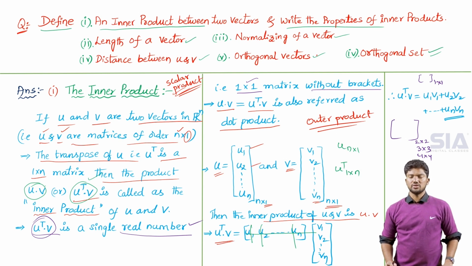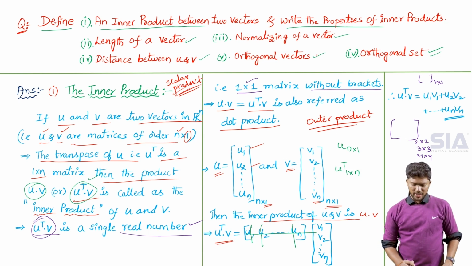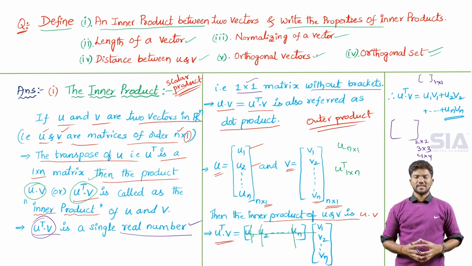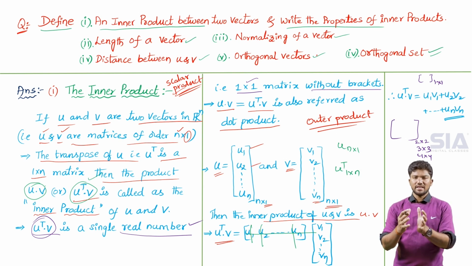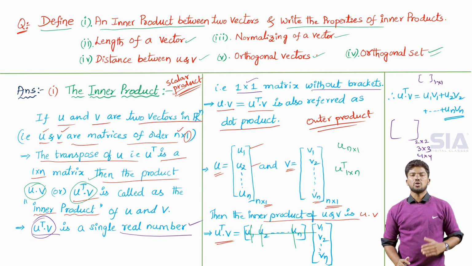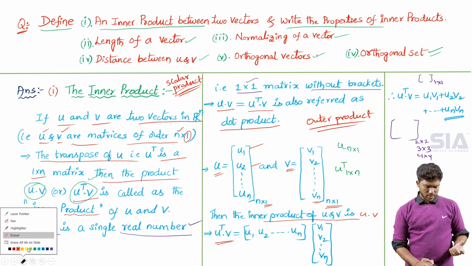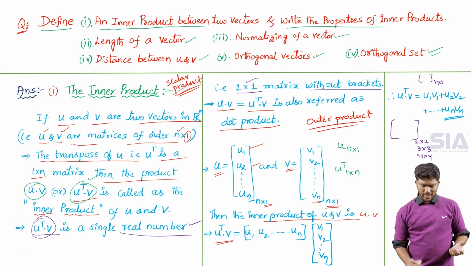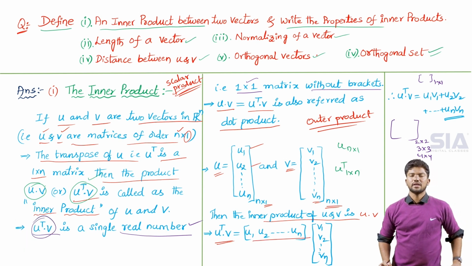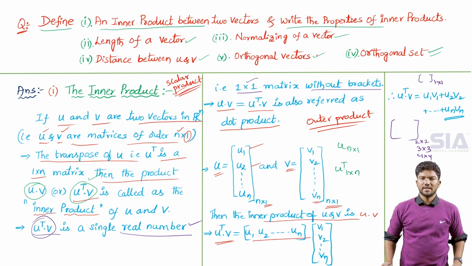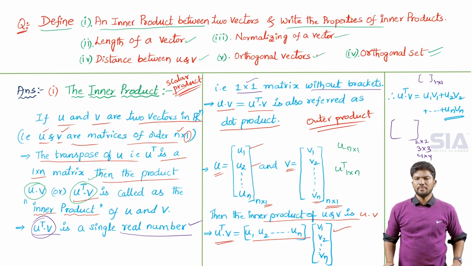U transpose into V. Since we apply the transpose to U, the column matrix becomes a row matrix. Capital U becomes the row matrix U1, U2 up to U suffix n, and capital V is as it is, the second vector V as a column matrix.